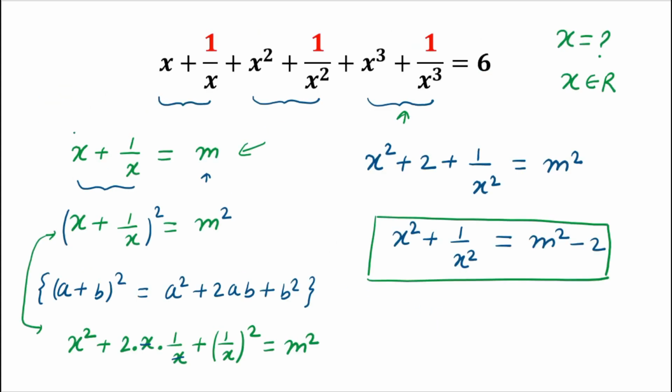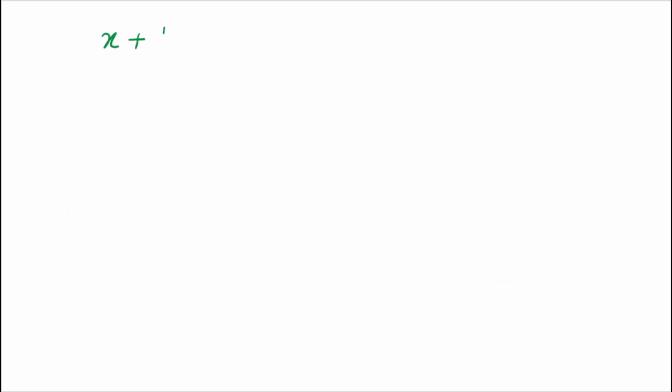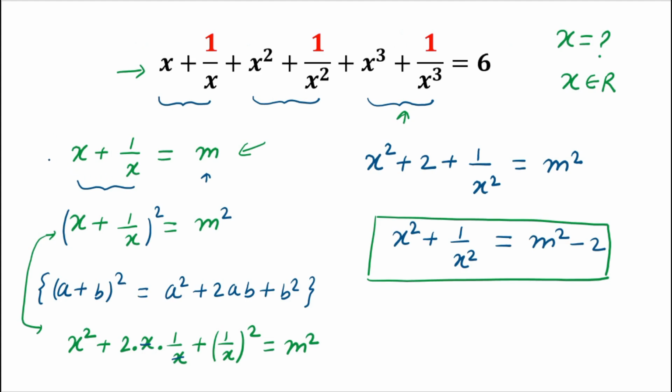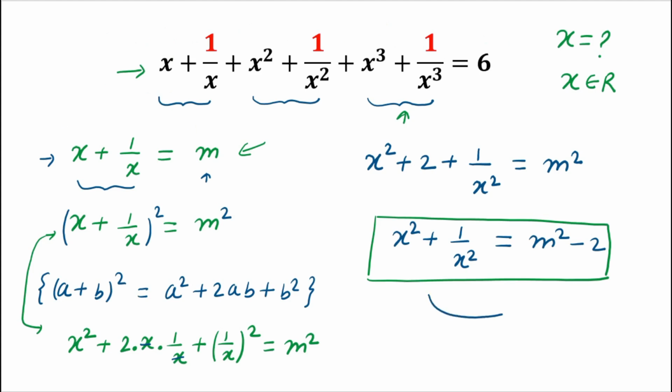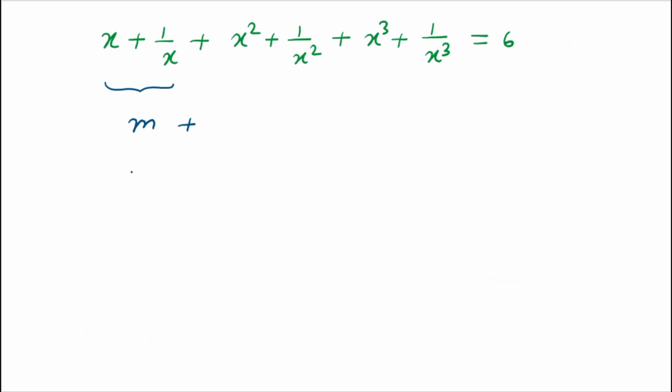Now we have the given expression x plus 1 over x plus x power 2 plus 1 over x power 2 plus x power 3 plus 1 over x power 3, and this is equal to 6. Here the value of x plus 1 over x is m, so this expression is replaced by m plus, and the value of x power 2 plus 1 over x power 2 is m square minus 2.